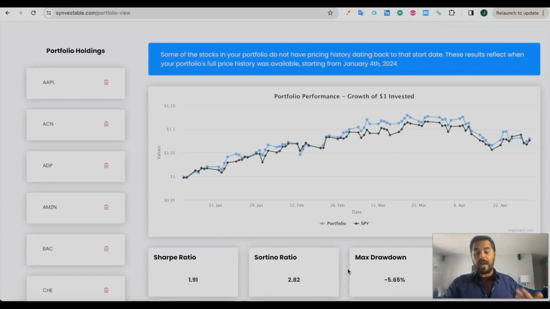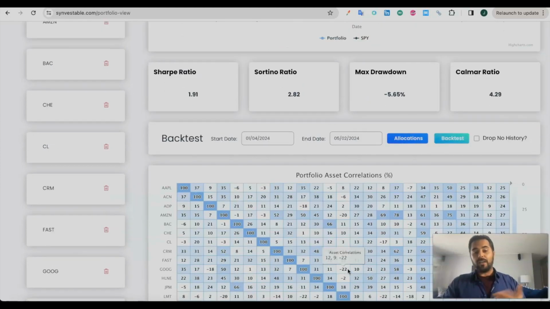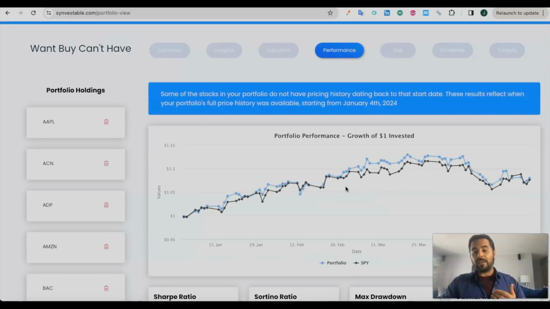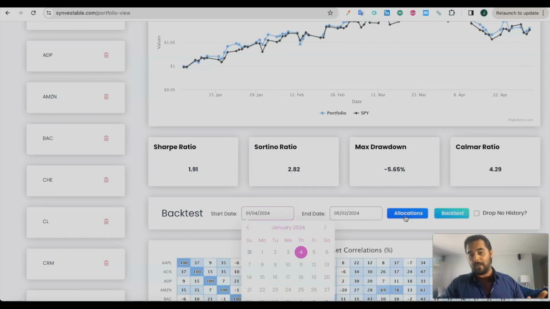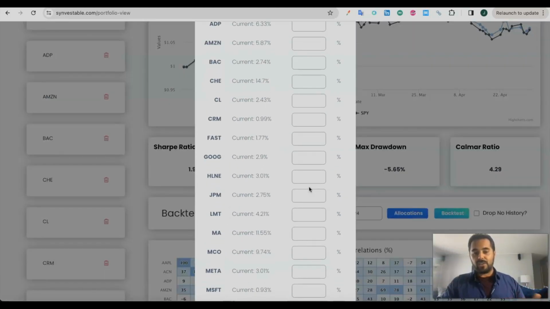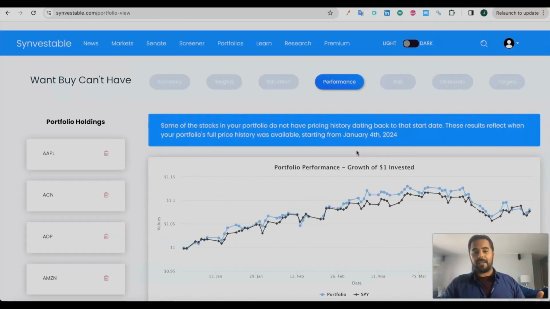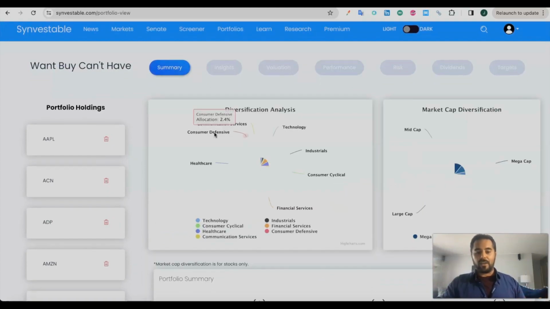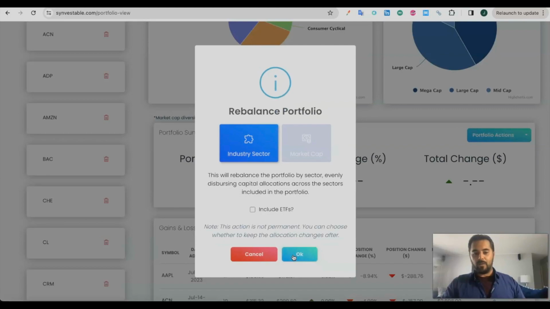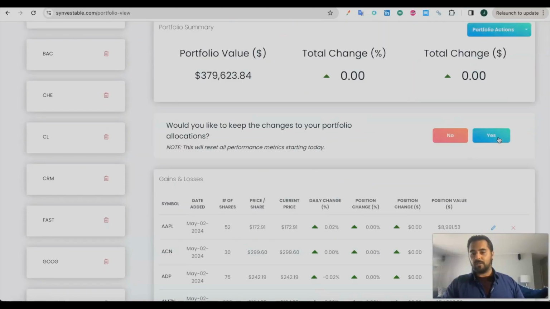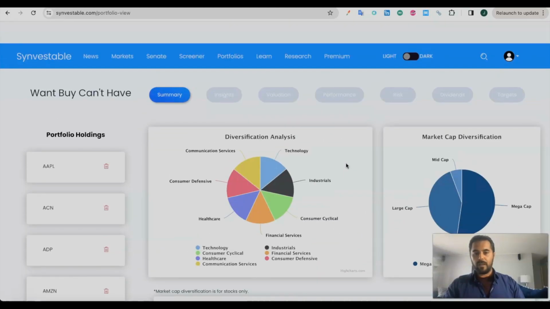I typically will use it in the current year, but if I want to see how a portfolio will perform in other periods, I can do that here. I can also change my allocation. If I don't like exactly how my allocations are, I can go over here and rebalance, and I can see how that will change the performance as well. So click save and then go back.